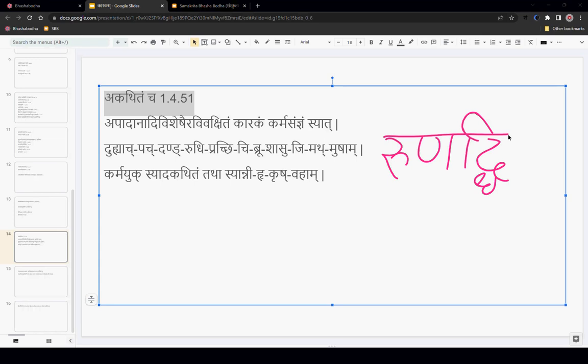Let's say, balakah or purushah vahanam avarunadhi. Kutra avarunadhi? Avarane. Prangane, avarane, or sthanake, something, somewhere. So here we know this is sthanake, avarane. What is the karaka there?